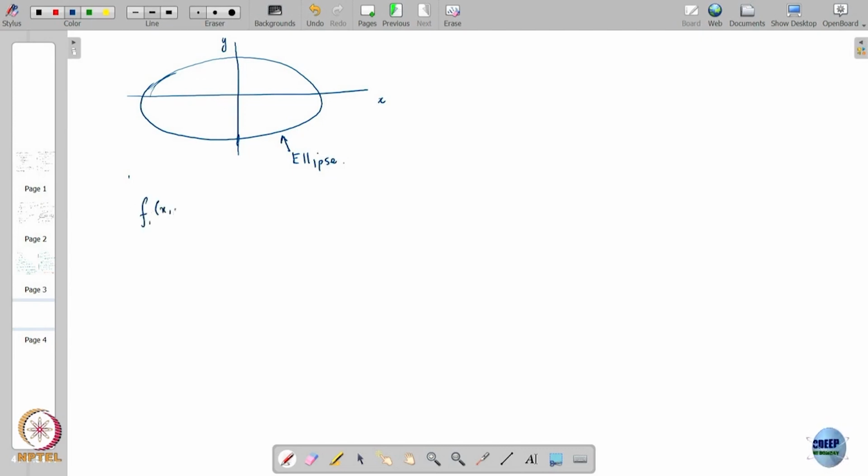Let me denote it by f1 of x comma y. This is given by x square divided by a square plus y square divided by b square equal to alpha. Any point on this ellipse, any x comma y that lies on the surface of this ellipse, must satisfy this equation, and conversely any point that satisfies this equation, you can locate it on this ellipse.